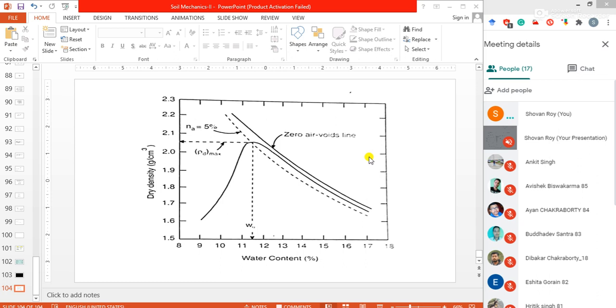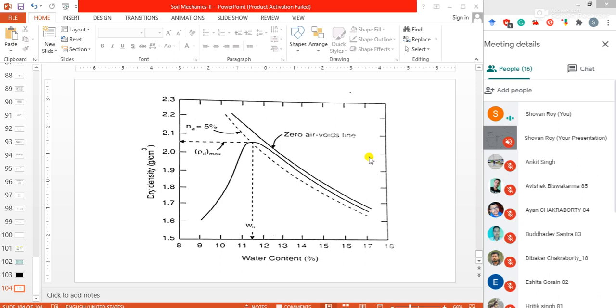It can be established from the relation. So, a line which shows the water content dry density relation for the compacted soil containing a constant percentage of air voids. Okay, a constant percentage of air voids. We already had the equation for the percentage of air voids in our first chapter in soil mechanics 1.